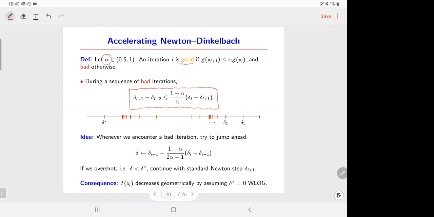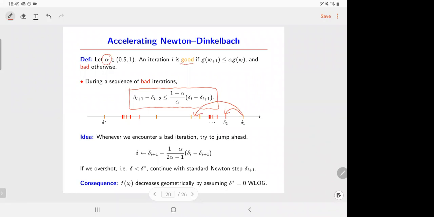And if you have a consecutive sequence of bad iterations, then the gap between the iterates shrinks by a geometric factor. So a natural thing to do is that whenever we encounter a bad iteration, let's say from delta 1 to delta 2, instead of continuing with Newton's method, we try to jump ahead of the sequence of bad iterations.